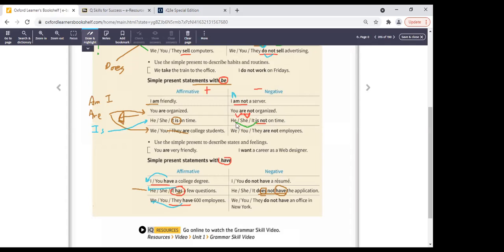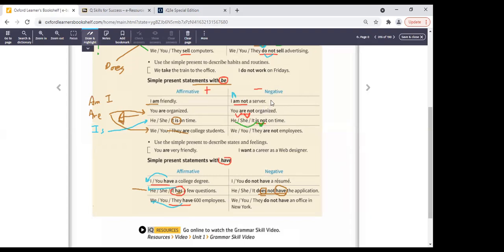We can join these two together. He's not. Or he is not. And there's one more. Murad? He isn't. Good. Yeah, he isn't.